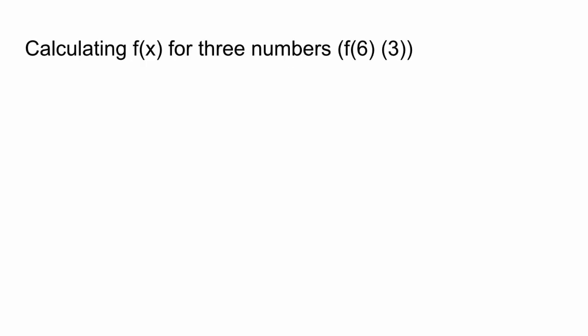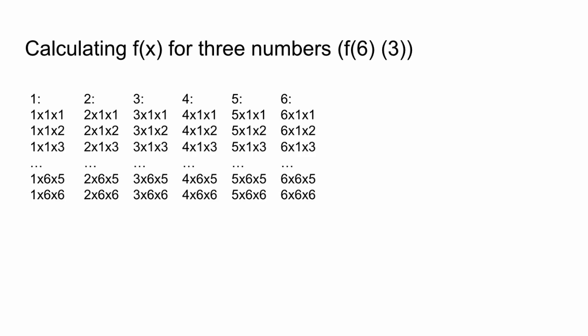Find f of 6. Okay, so we can do the same thing as before here. There's 216 unique multiplications possible in modulo 6, and they look like this. It goes from 1 times 1 times 1 to 6 times 6 times 6.